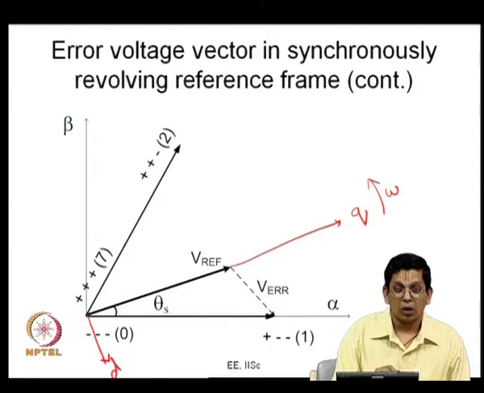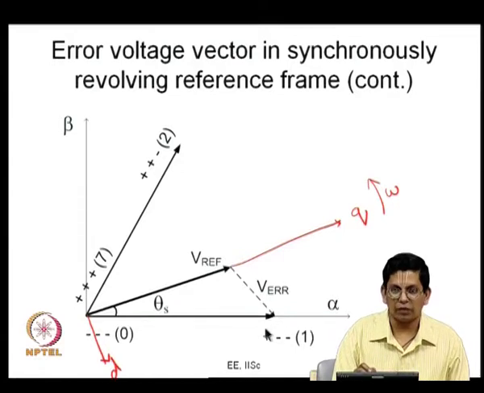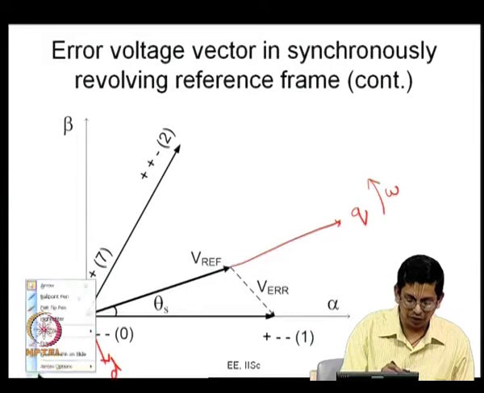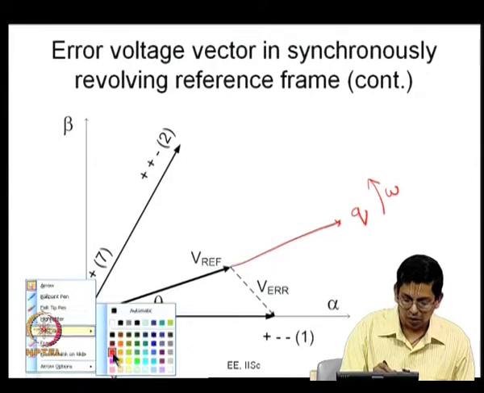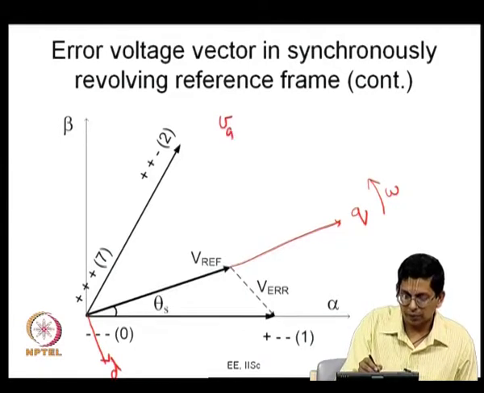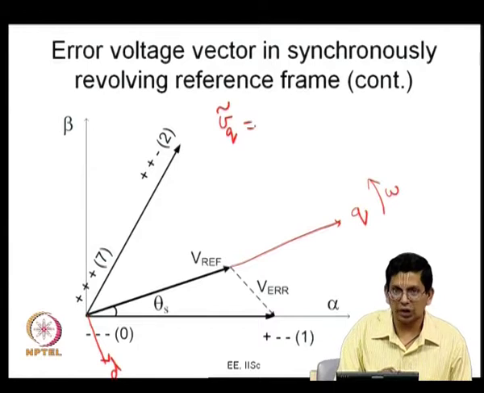So, now I can write the same error voltage vectors; the error voltage vectors are still the same. For example, here you have V error, corresponding to active vector 1, when active vector 1 is applied. Instead of V alpha and V beta, I can write this as V Q tilde. This is the error voltage along the Q axis. What is the error voltage along the Q axis?